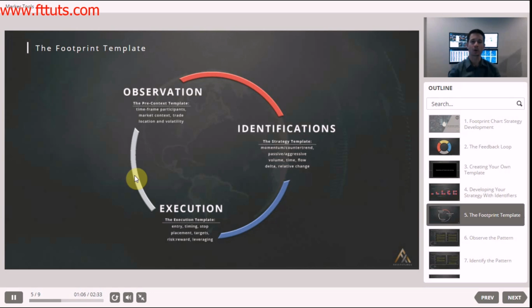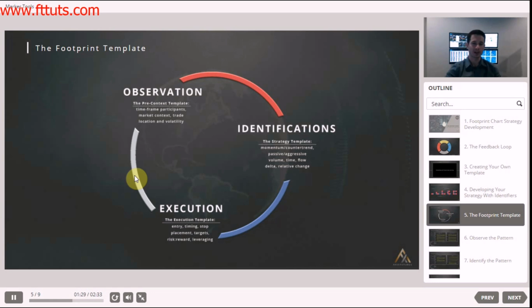This is the kind of thing you want to be thinking of in terms of observation. Now, these observations ultimately show us the prime conditions in which a certain strategy can exist. So some of the identifiers we'll focus on are the time frame participants, the market context, the trade location, as well as volatility.